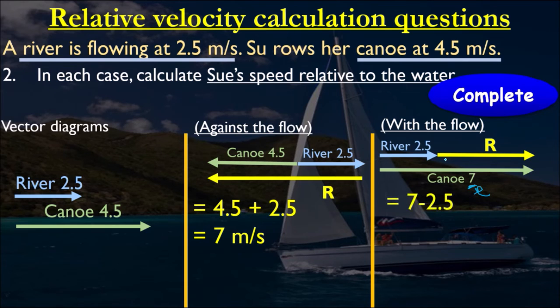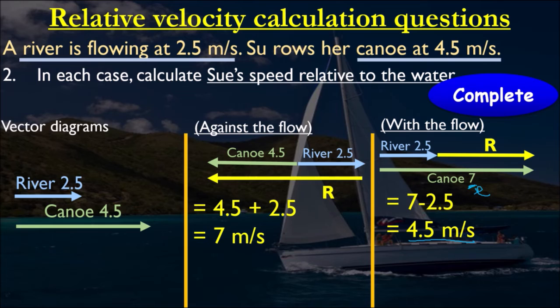So according to the river's perspective, Sue is actually rowing her boat at 4.5 meters per second, and not the other way around. A common mistake people might make is they don't account for the fact that the speed of the boat is also being pushed forward by the flowing river. So that's the case there.